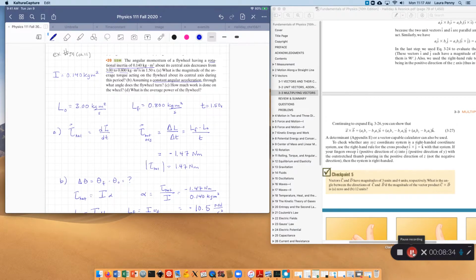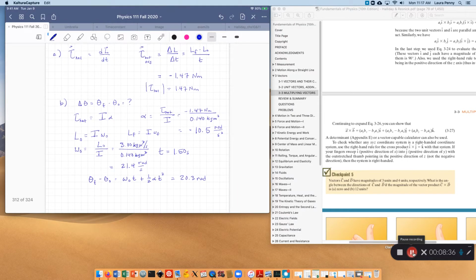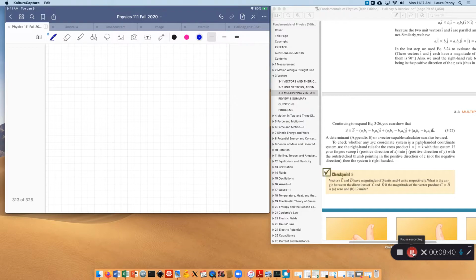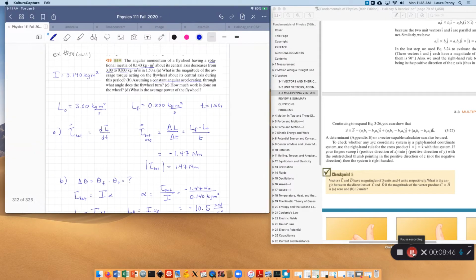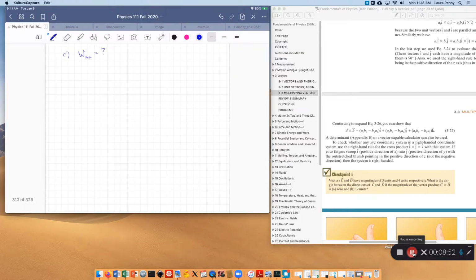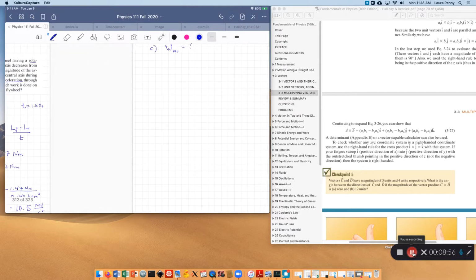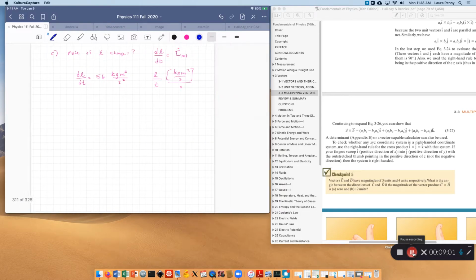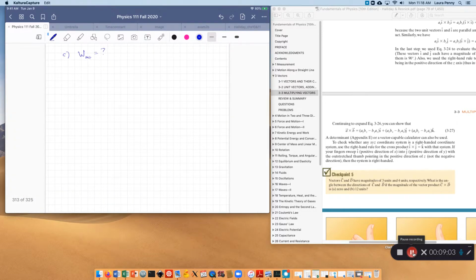How much work is done on the flywheel? Let's add another piece of paper here. So part C, what's the net work being done? Well, the net work, if we go back and look at our equations over here, I don't know if we want to do it through kinetic energy.